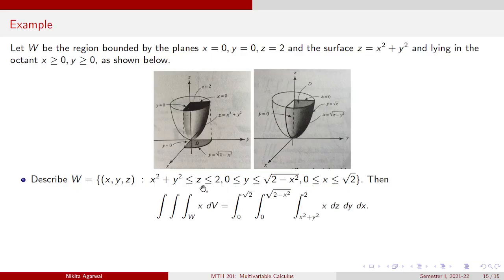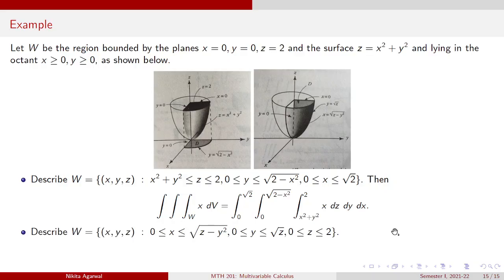With this description, your triple integral would be like this. Now z is in terms of x and y, so it has to come in the middle. Then y is in terms of x, so it has to come next. And then the x limits are constant, so it is outside.